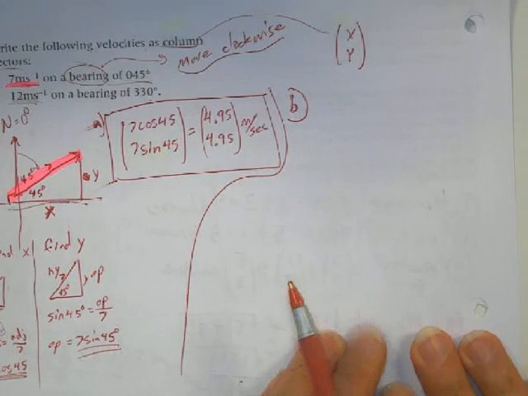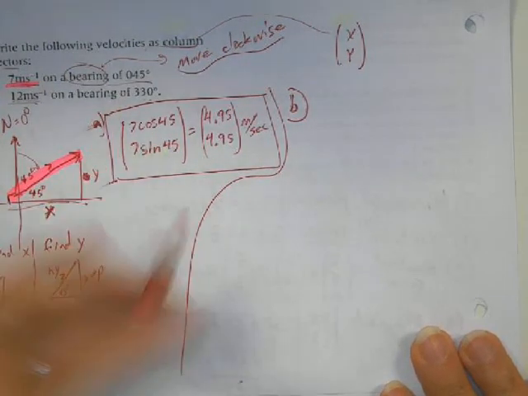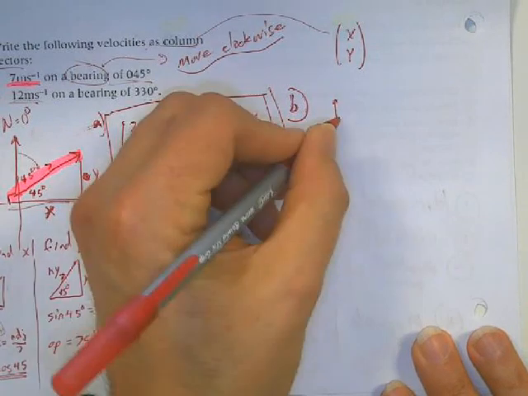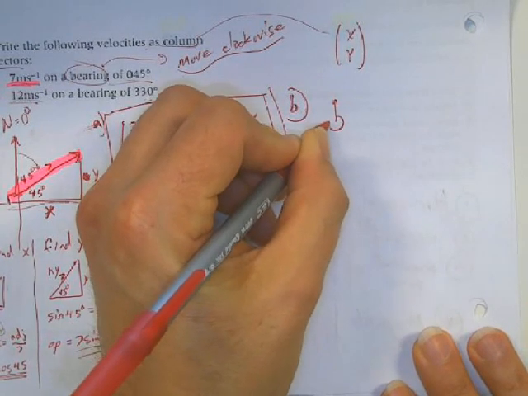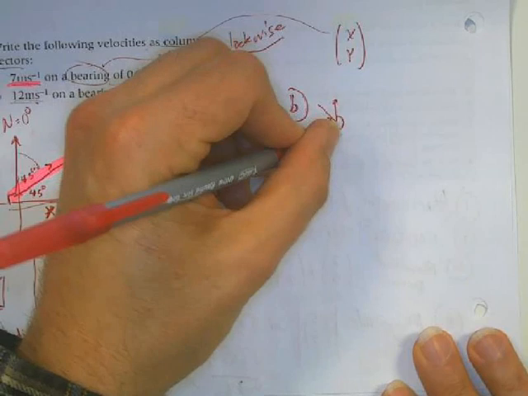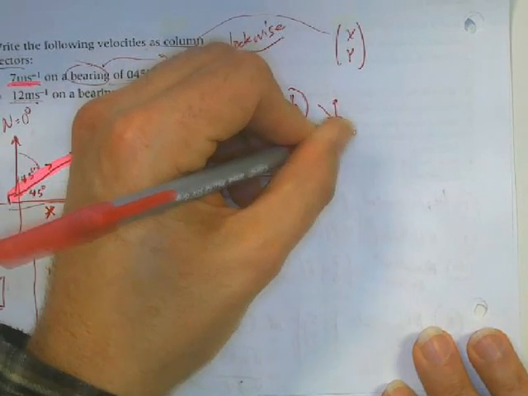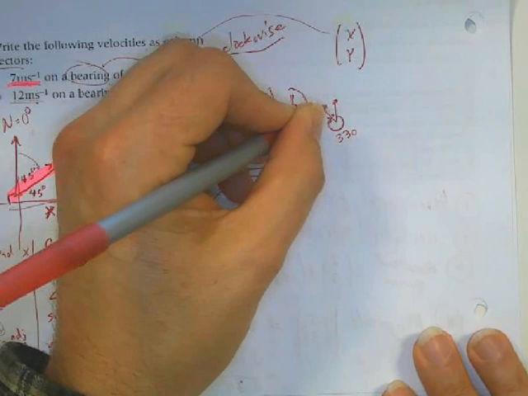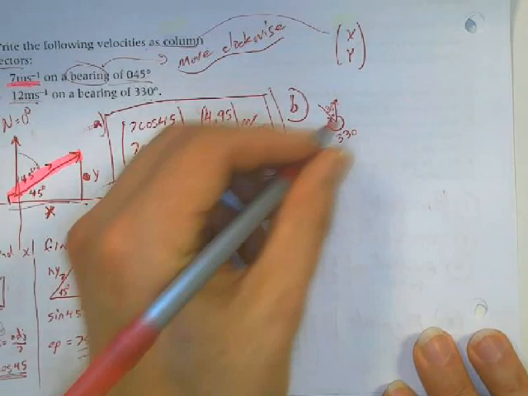Okay, so if I'm going at a bearing of 330, then that means I'm going all the way till about here. So this little angle right here is going to be 30 degrees, because all the way around adds up to 360.